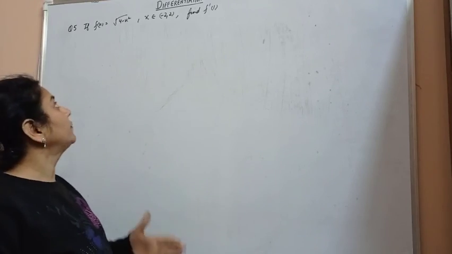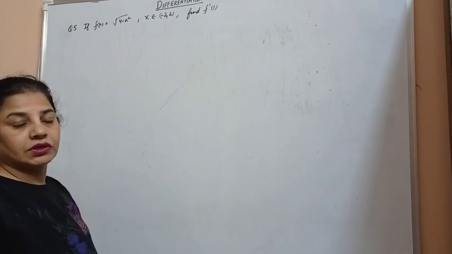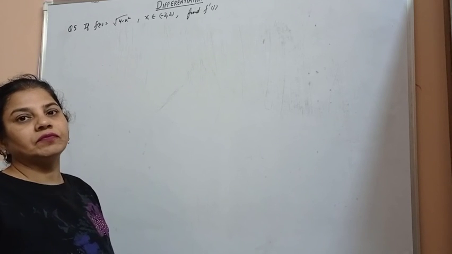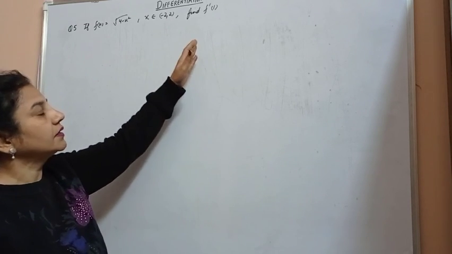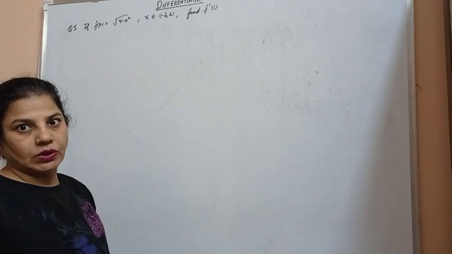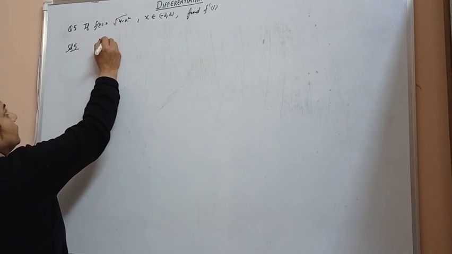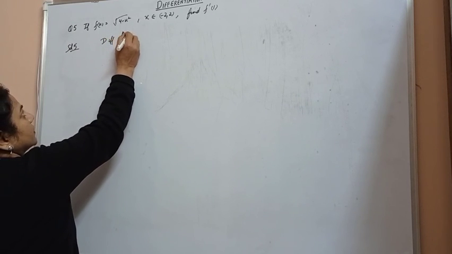In this function, f of x is equal to under root 4 minus x square, and x belongs to minus 2 to 2. Interval is given to us. We have to find the derivative and get the value of f dash 1. First of all, we find the derivative of the given function. So differentiate with respect to x.